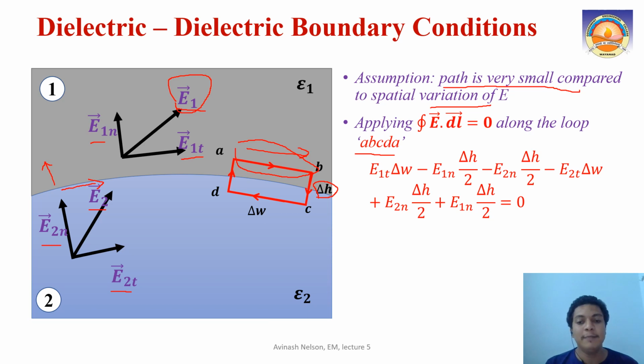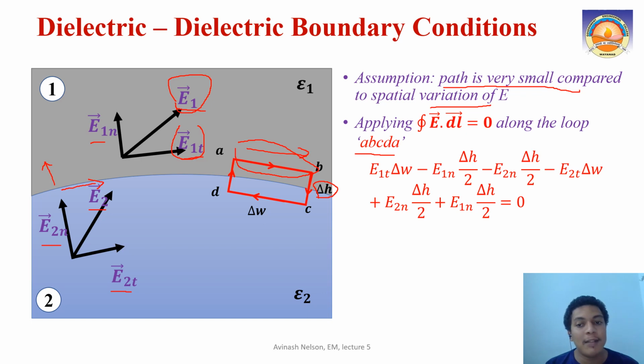So now let us see how we will write the equation for E dot dl. First, let us consider AB. For AB, what is the component of the electric field? It is E1t, the tangential component, which is in the direction of AB.